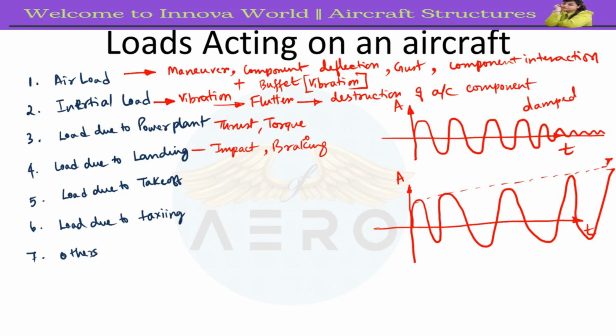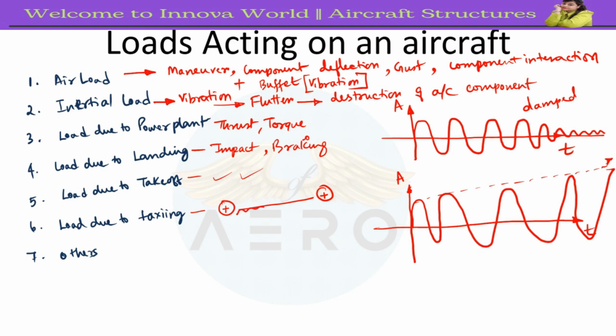Takeoff also, the same will happen during takeoff. There may be some crosswind, impact load, or roughness of the runway during takeoff. All those things come under load due to takeoff. Taxiing means when the aircraft is moved from the ATC center to the destination of takeoff.